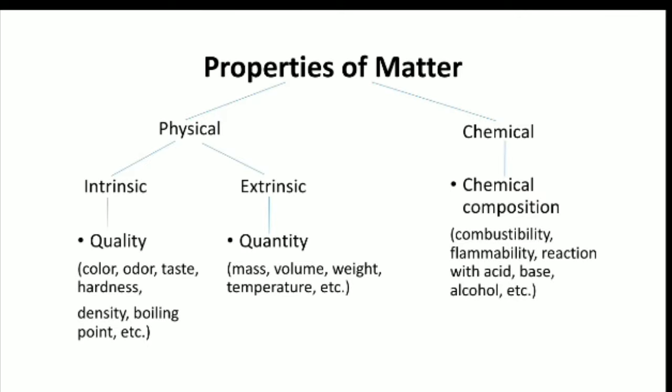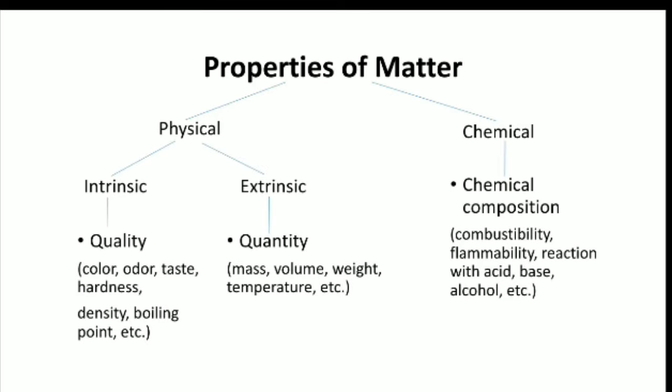So for example, density is expressed as gram per milliliter or per cubic centimeter, or boiling point in a scale of Kelvin or degrees Celsius or degrees Fahrenheit. So they have magnitudes, but they are not considered as extrinsic.